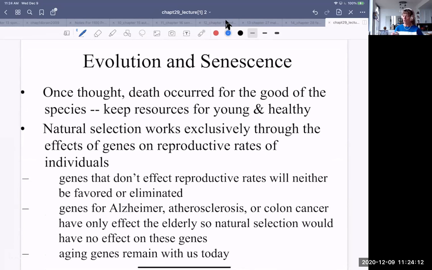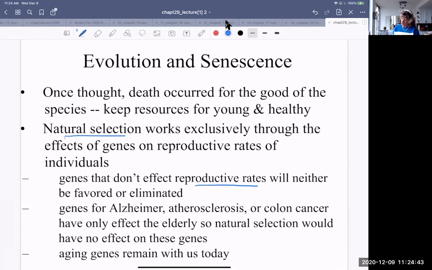So in order for genes to propagate into the next generation, an individual is selected for fitness so that those genes get into the next generation. And so that's natural selection. That's all about individuals. So genes that don't affect reproductive rates will neither be favored nor eliminated.